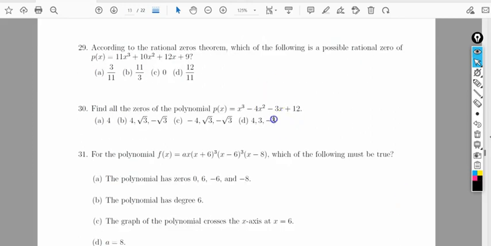Okay. Number 30. This is one you do need your calculator for. So put this in your calculator and look for x-intercepts. And if you get an x-intercept, you'll have a 0.